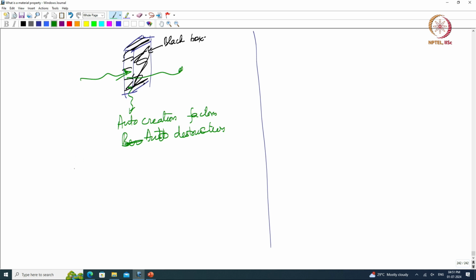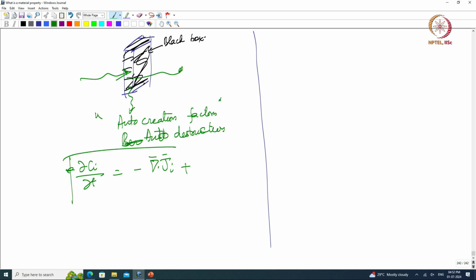Then the equation is ∂Ci/∂t equal to minus the gradient of the flux of autos, plus there is some sort of what is called generation of autos, right. If I am generating autos or destroying autos, I have to add that also.